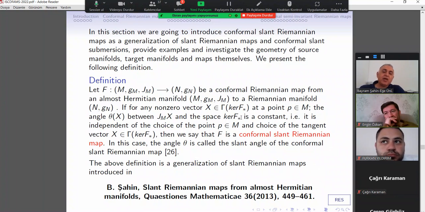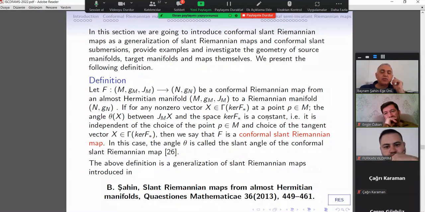But in this case, we have another generalization, because if this angle theta is 0, you obtain the invariant conformal Riemannian map. If this angle is 90 degrees, that is pi over 2 radians, then you have a conformal anti-invariant Riemannian map.